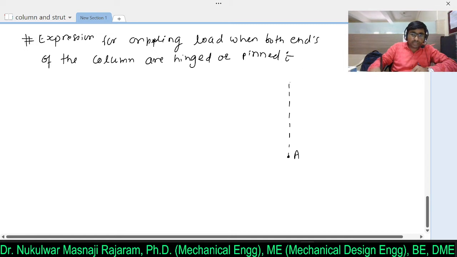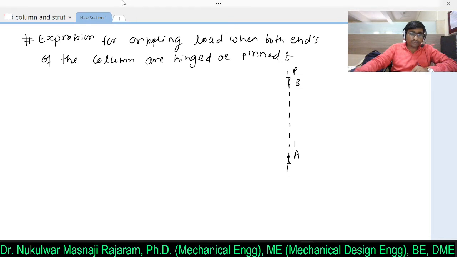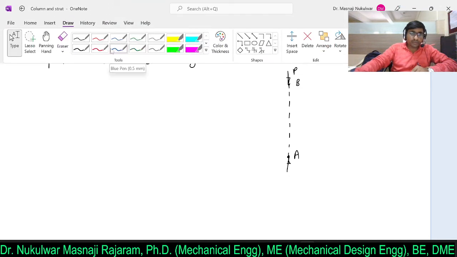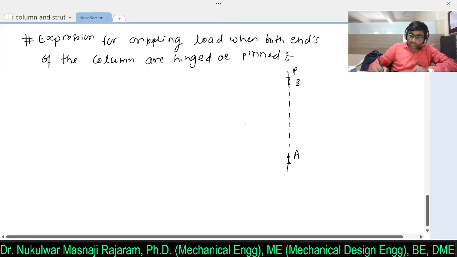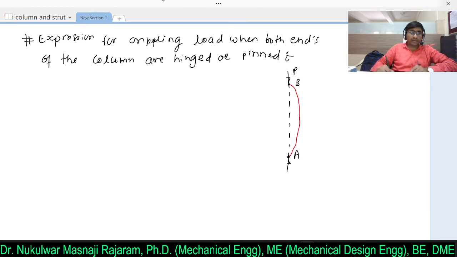So here this is A end, this is B end. So once we apply a force P, then what will happen, this column will bend. Clear? This column will get bent.